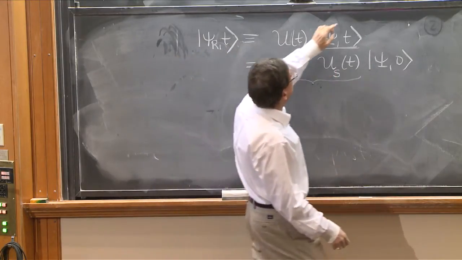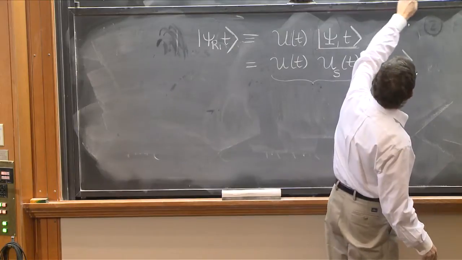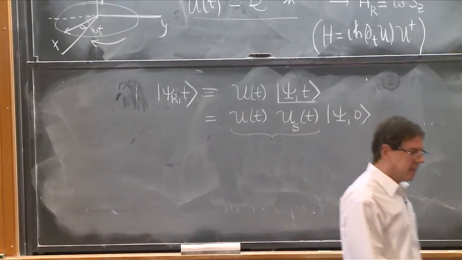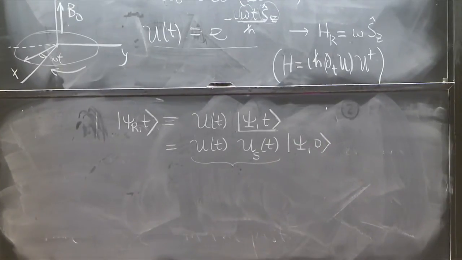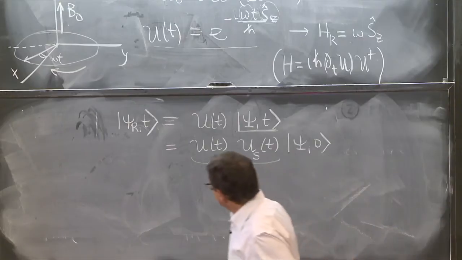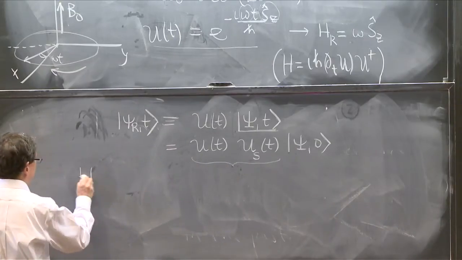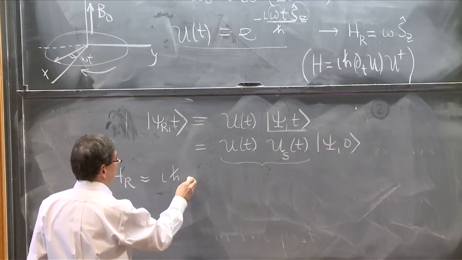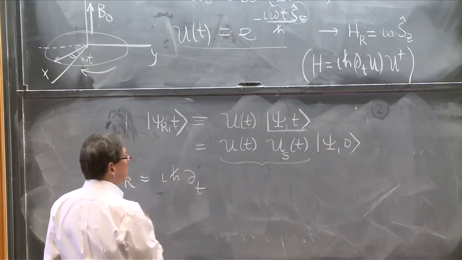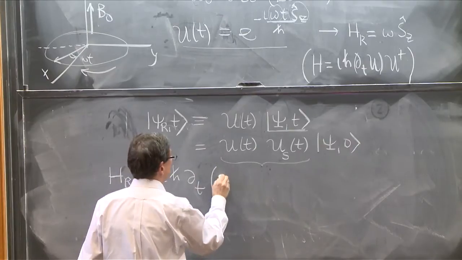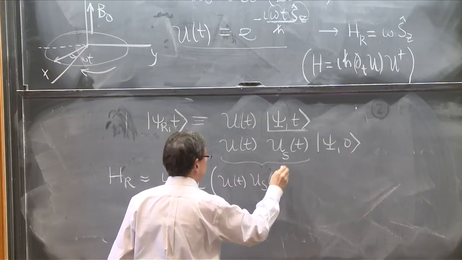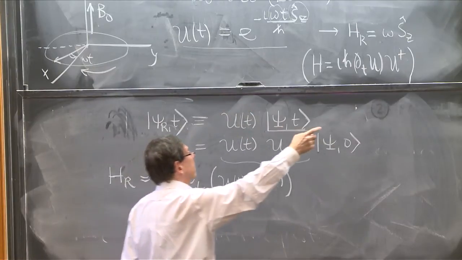Therefore, I'm going to recover the Hamiltonian using this formula. So I will simply say that the rotating Hamiltonian H_R is i h bar dt of this whole thing, U of t U_S of t, times its dagger.